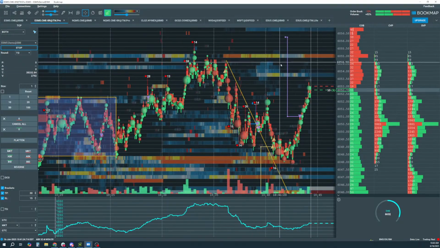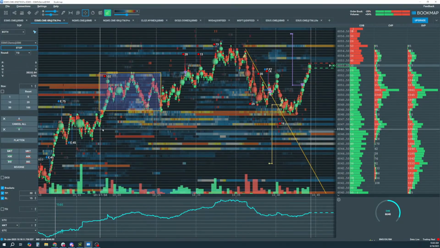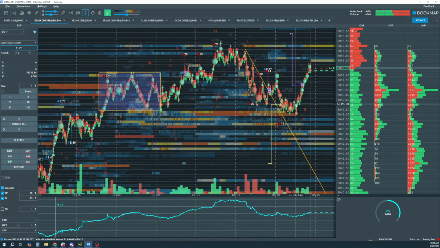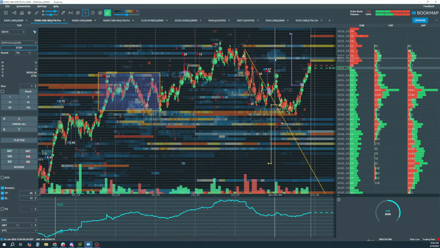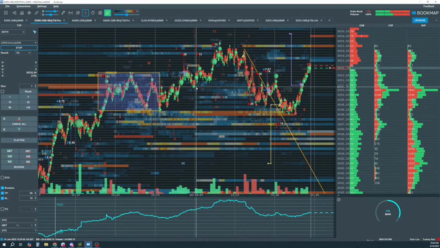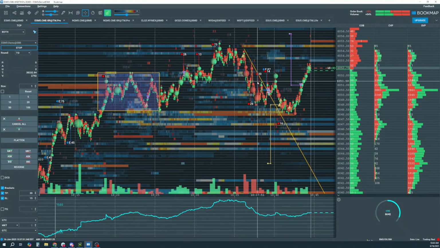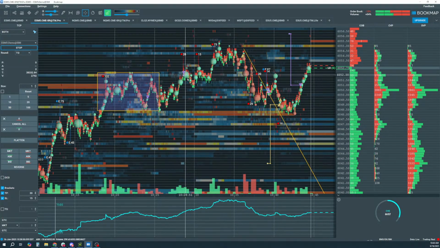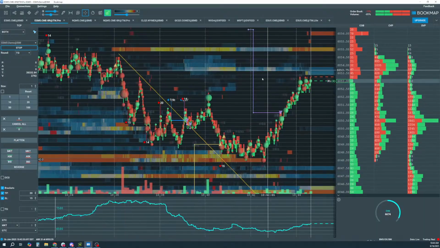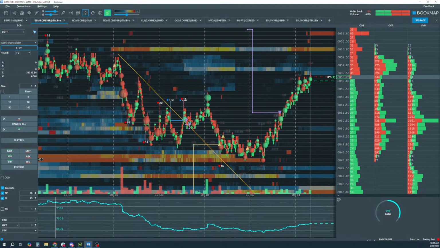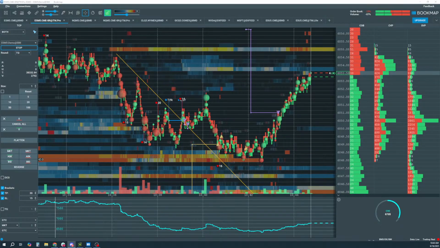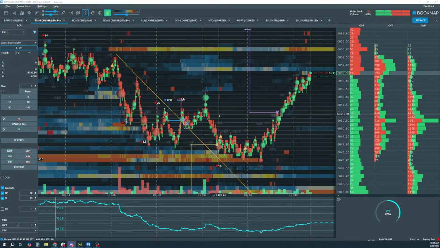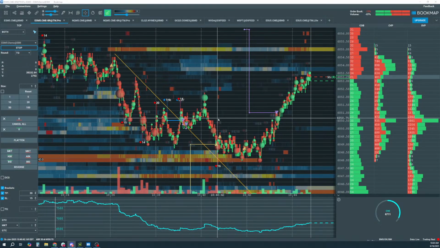Okay, as you can see, with this idea in here, it's much better to go with the trend. First we were counter trend in here, and it still worked. Anyway, let me know if you have any questions on this. I just think this is something you can really use to optimize your trading strategies.